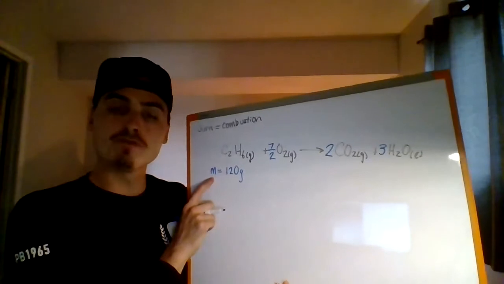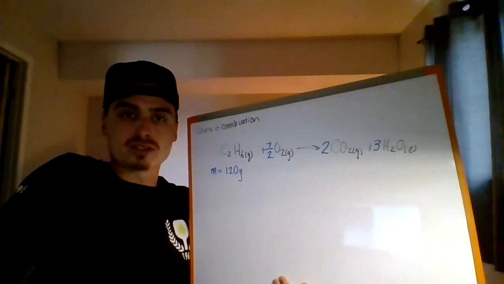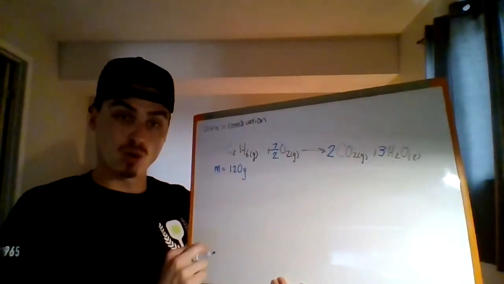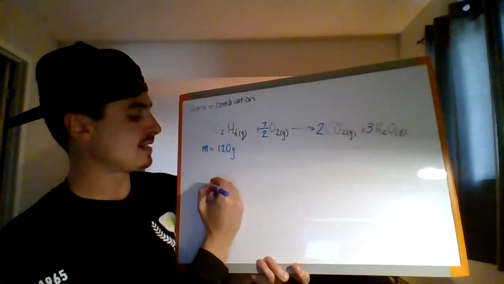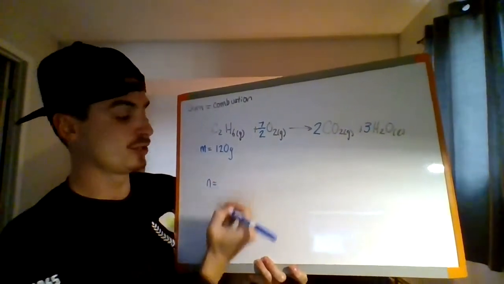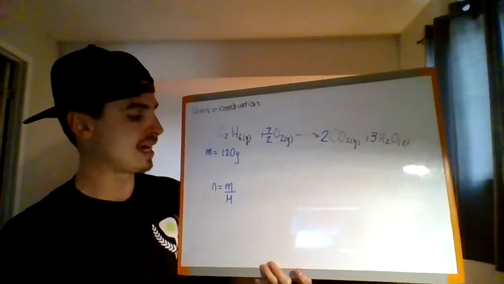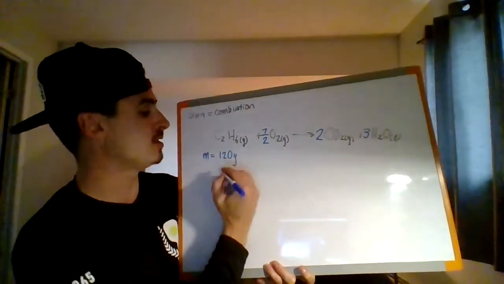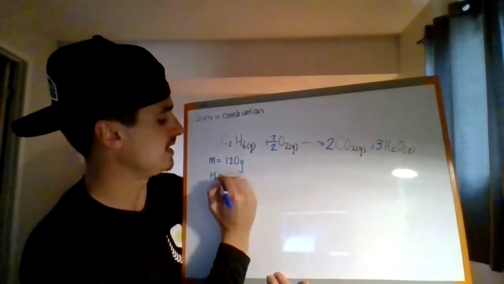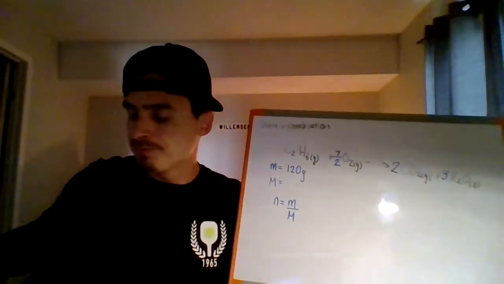I gave you the mass. Is there a way to go from mass to moles? Yes. To go from mass to moles, what I need is n, which is moles, equals mass divided by molar mass, okay? So that means I have mass, great. I need the molar mass of ethane because that's the chemical I'm talking about.